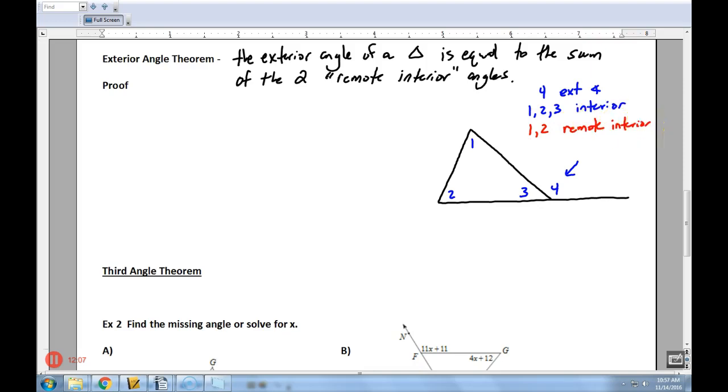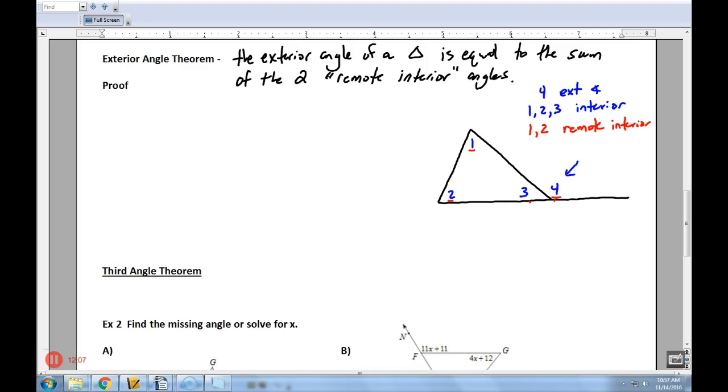Alright, so this theorem is going to basically tie in 1, 4, and 2. We already know the relationship between 4 and 3. 4 and 3 have to form a straight line, and we're going to use that in our proof. Alright, so let's go ahead and try to prove this theorem.